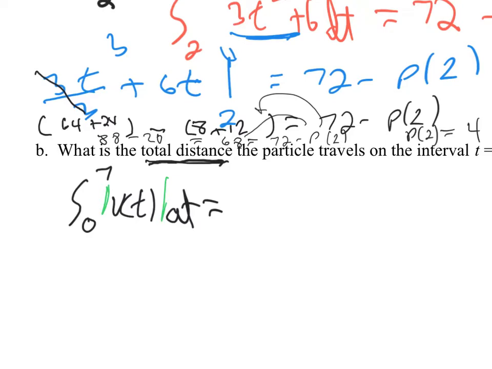No, absolute value of a positive is still positive, so it doesn't hurt. So I will integrate that again. And as you recall, it was 3t cubed over 3 plus 6t. I'll just write out t cubed plus 6t. This time I'm going from 0 to 7.